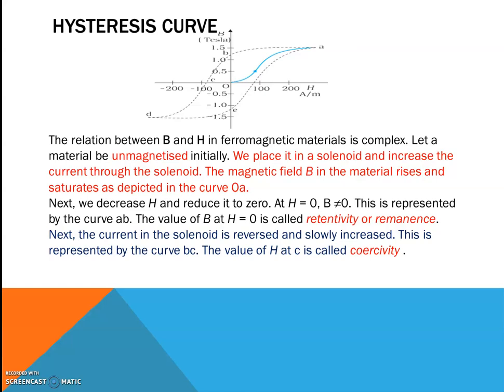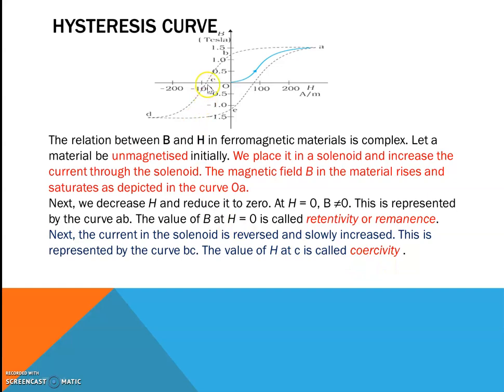H has the value around 100 ampere per meter, but magnetic field induction is 0. This value of H when magnetic field induction is 0 is called coercivity.